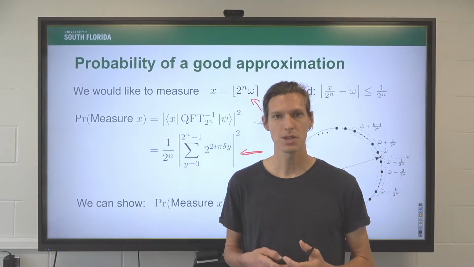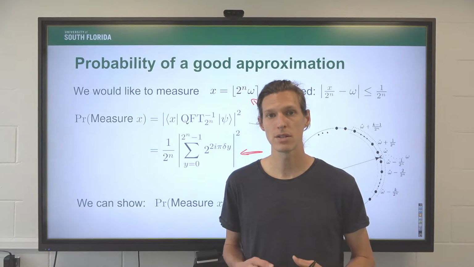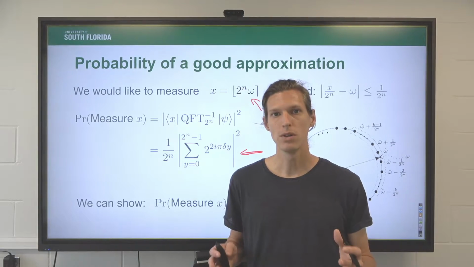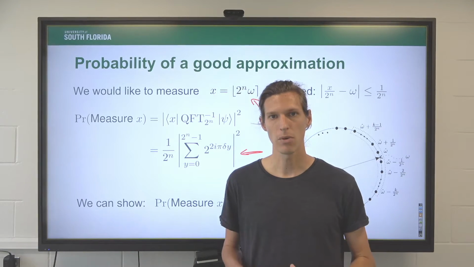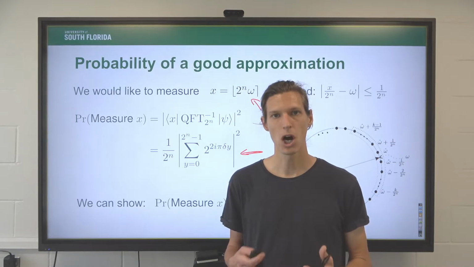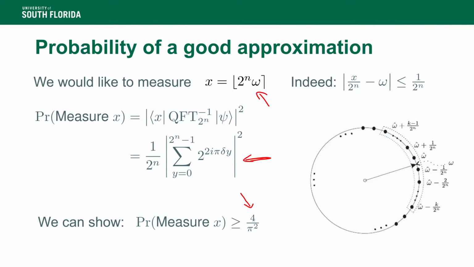This is the case with many quantum algorithms: they do not necessarily give us the right answer, but we know a lower bound on the probability of success. This one here is a very good lower bound because it's constant. It does not depend on the size of the input.